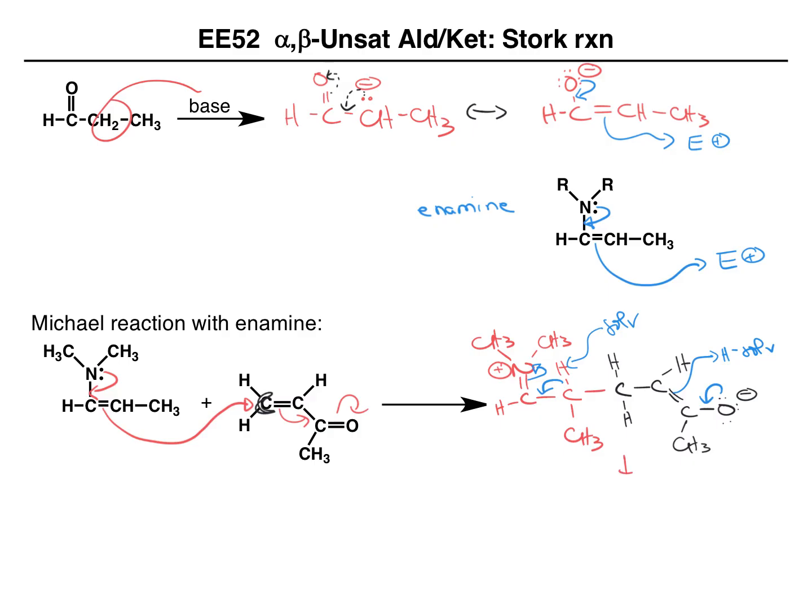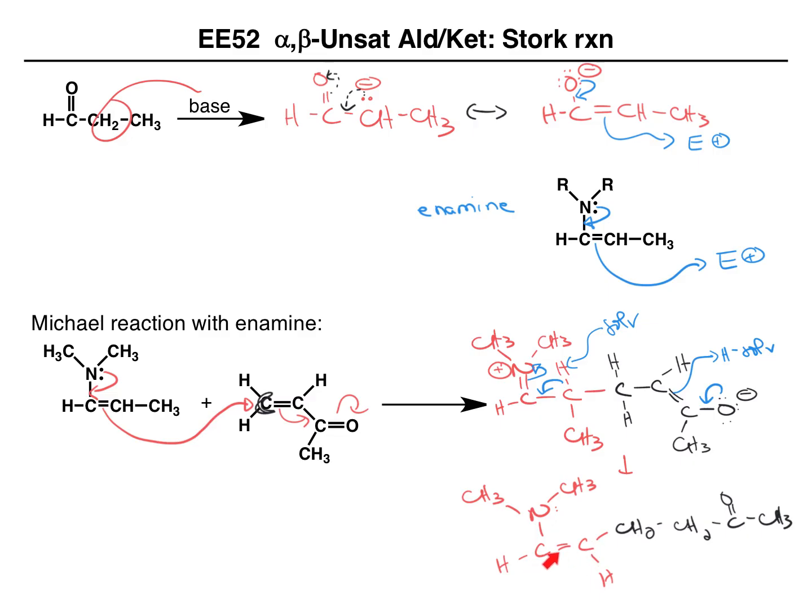So that gives us single bond to the carbon, double bond. This is connected to the CH3 and CH2, CH2, C double bond O, CH3. So this was our alpha beta unsaturated ketone, and our enamine has added to it.